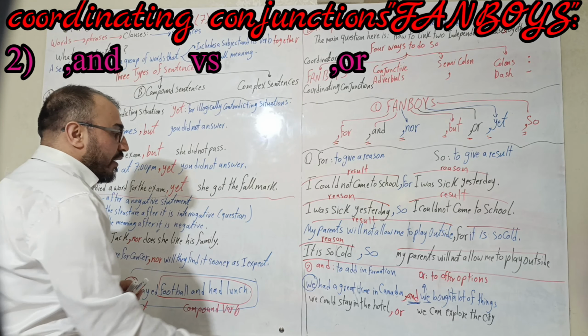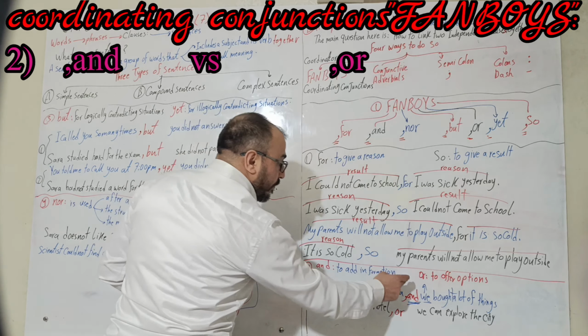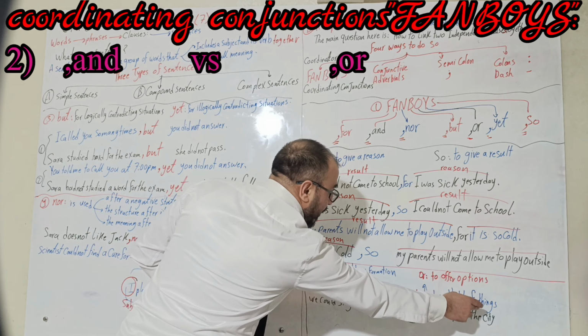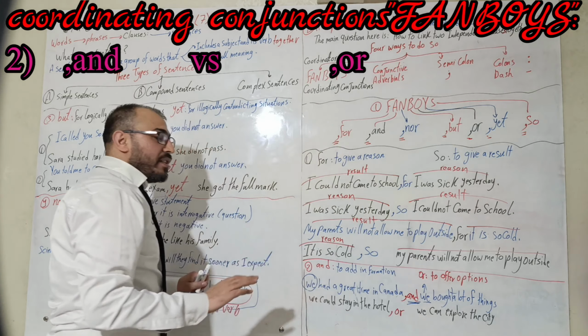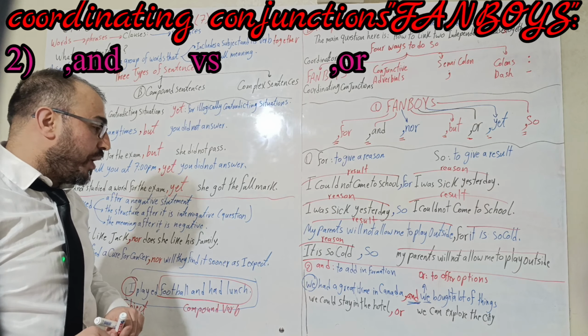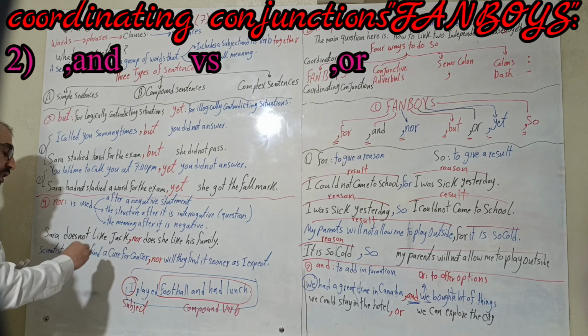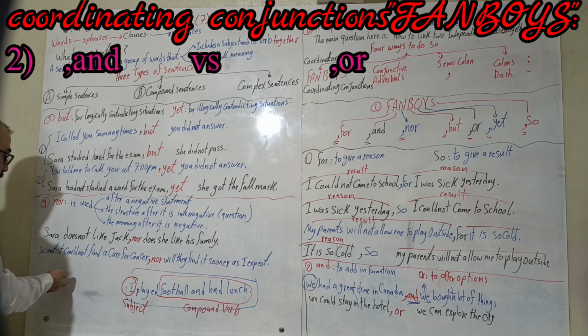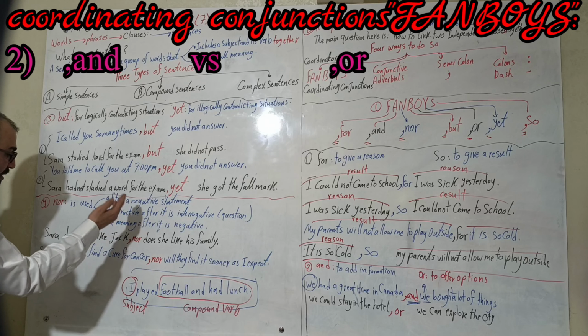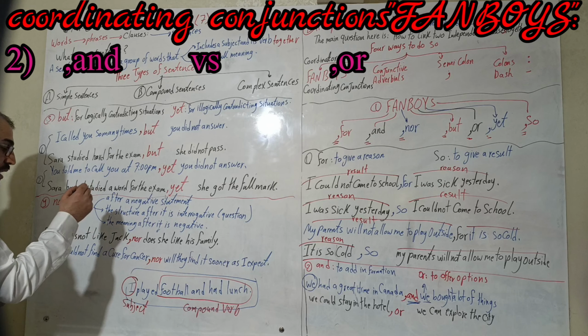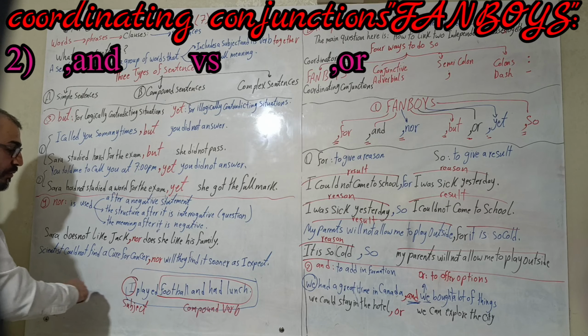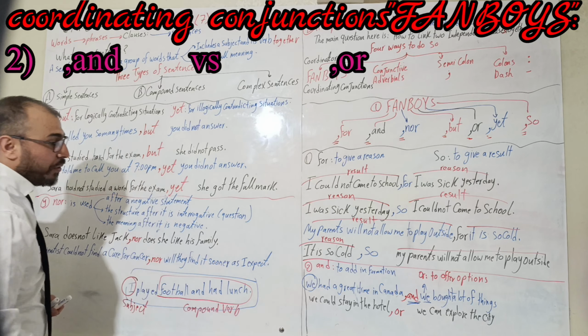Again, my friends, I have subject number one, a coordinator, and another subject and another verb. That's why I call this a compound sentence. If I have only one subject, whether the subject was compound 1,000 words, 200 words, it's not important. It is one subject, and we have here compound verbs.